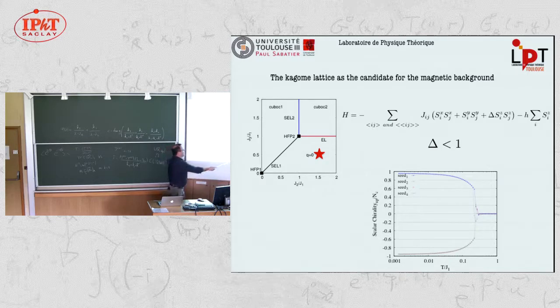And as you see, at some point, so this is an XY model, so you of course have no long-range order in the magnetic degrees of freedom, but still you may have a non-zero, in the thermodynamic limit, spontaneous chirality, which can have both signs.